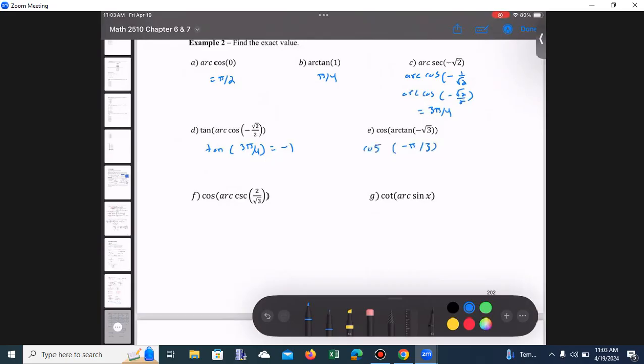The cosine of negative pi over 3, again, it's negative. It's going to put us into the second quadrant because it's cosine. And that's going to be your 60 degrees there, which is cosine goes from 0 to negative 1/2. This is going to be negative 1/2 here.